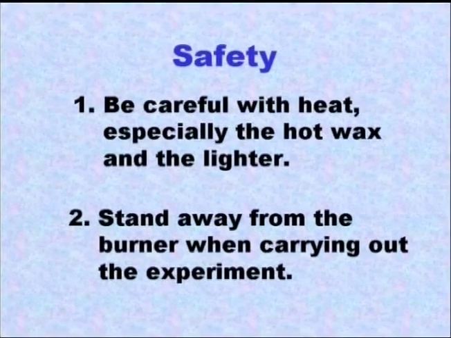If you have brought your own lighters, I'd advise you not to use them. We will come around and light the burners for you. Second, stand away from the burner when carrying out the experiment, please.